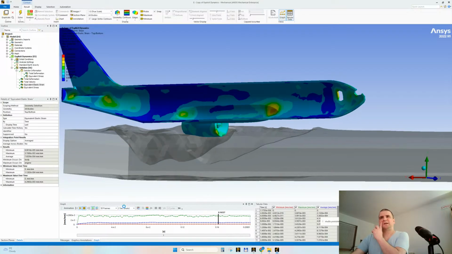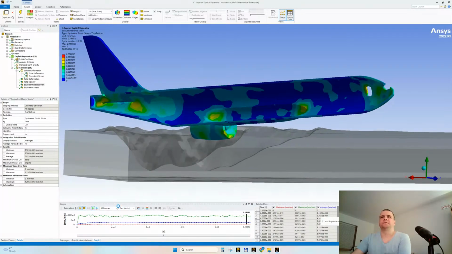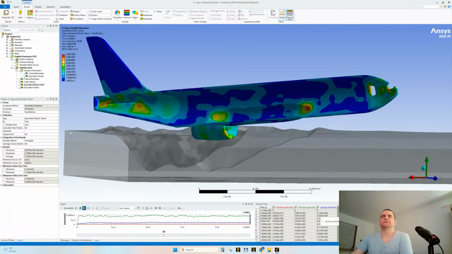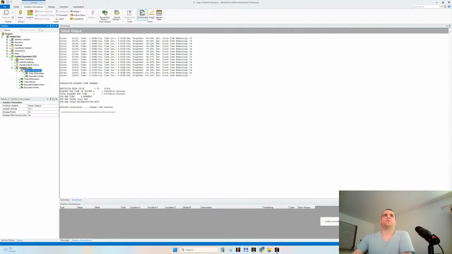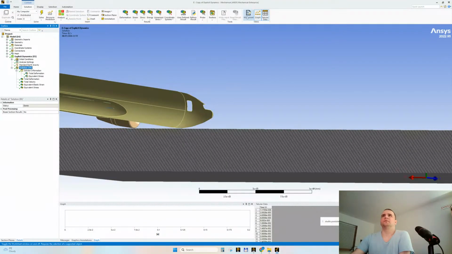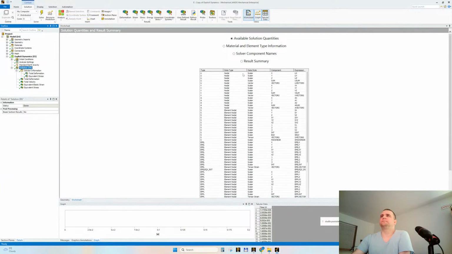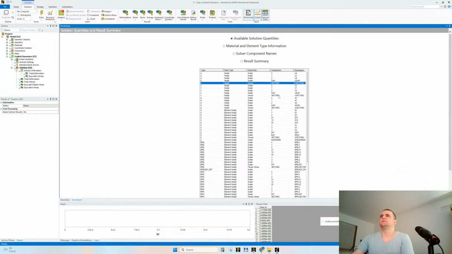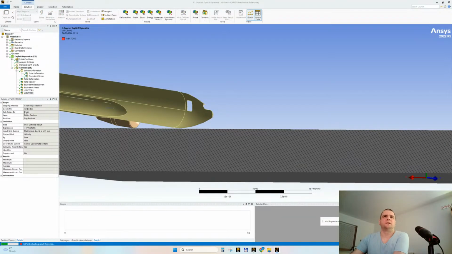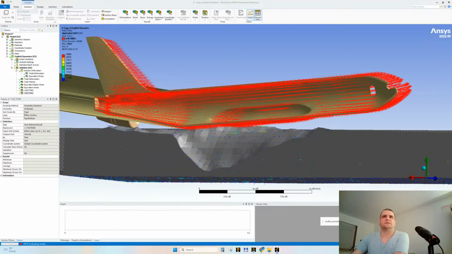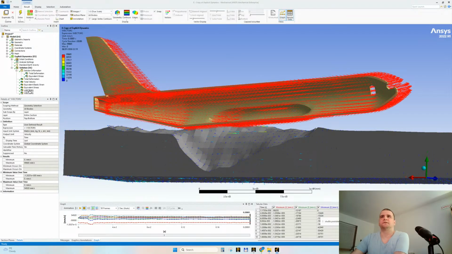I would like to show you how to insert the vectors, and I will close this. So when clicking solution, you have the worksheet button, and here you have displacement, velocity, and acceleration vectors. I will select only displacement and velocity, right-click, evaluate the results, because I'd like you to see those vectors.